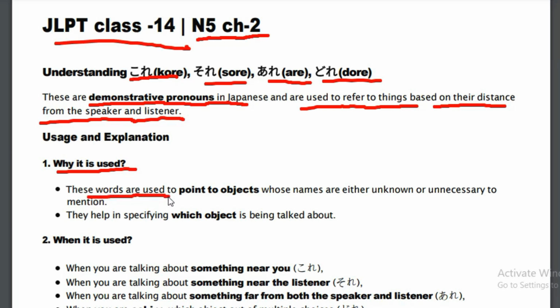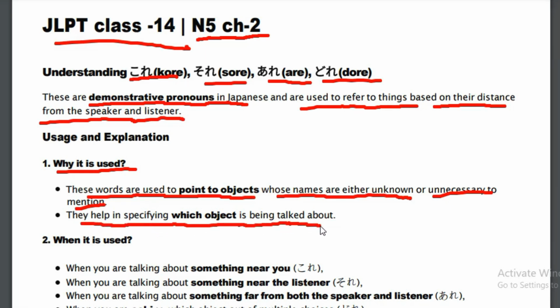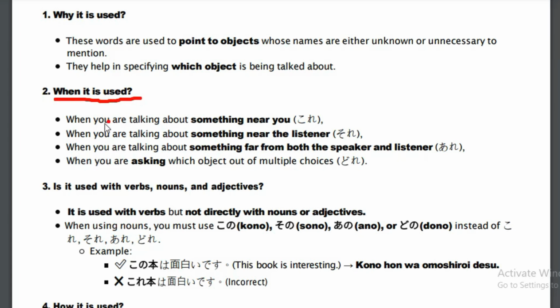These words are used to point out objects whose names are either unknown or unnecessary to mention, and they help in specifying which object is being talked about. So now let's see when it is used. When you are talking about something near you, you use kore.